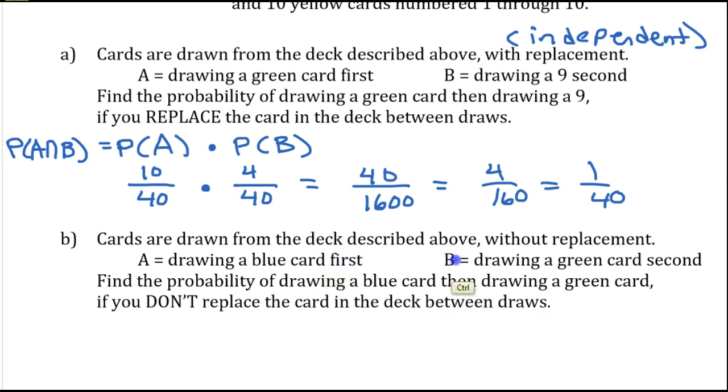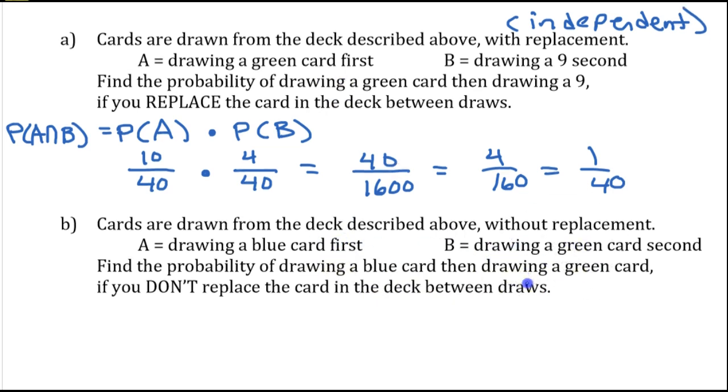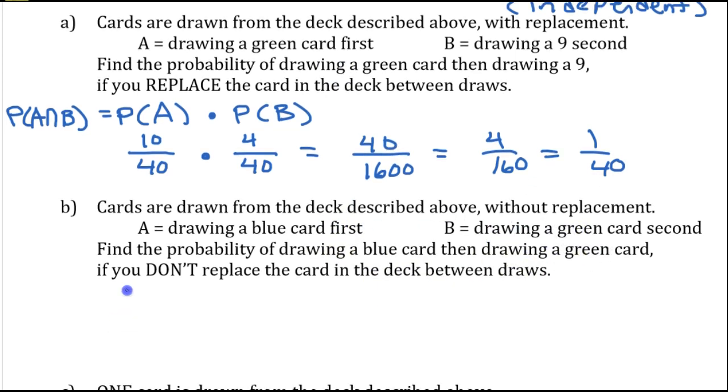So we need to find the probability of drawing a blue card and then drawing a green card.